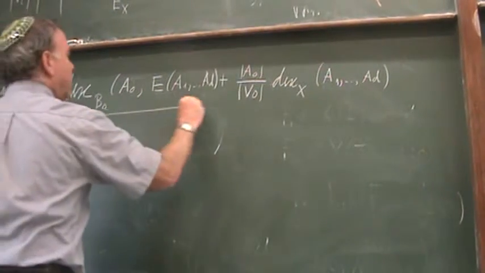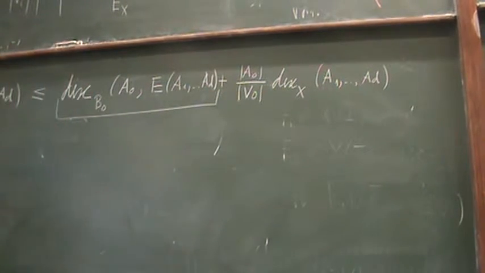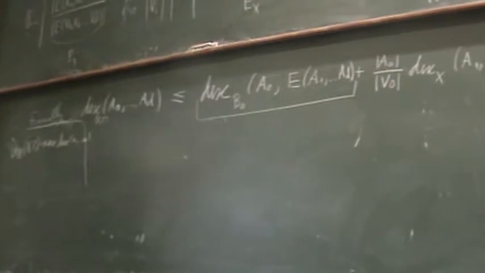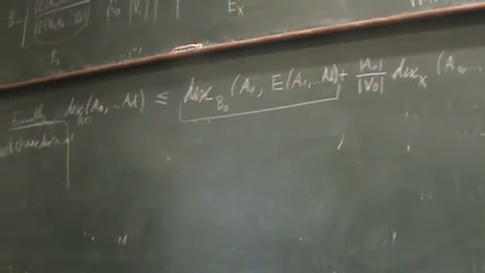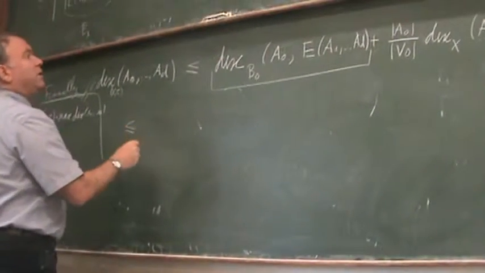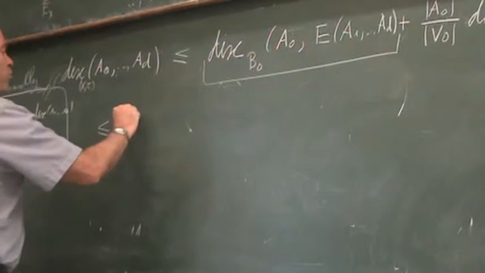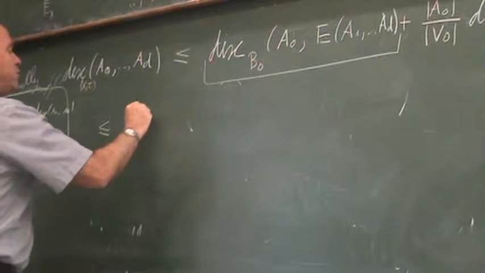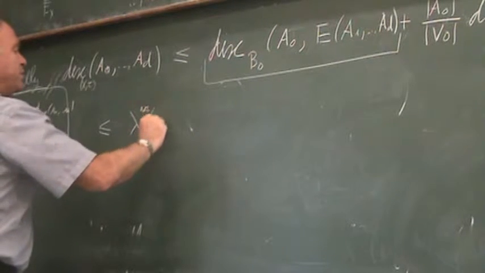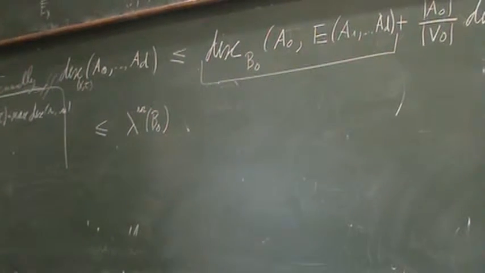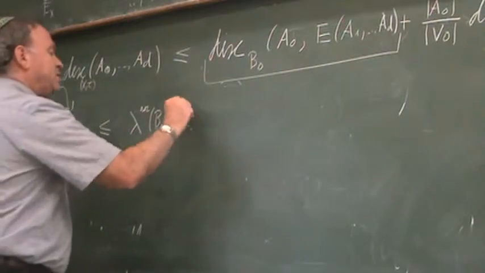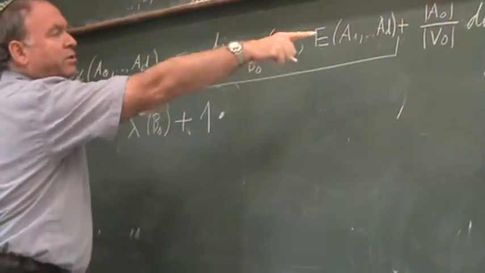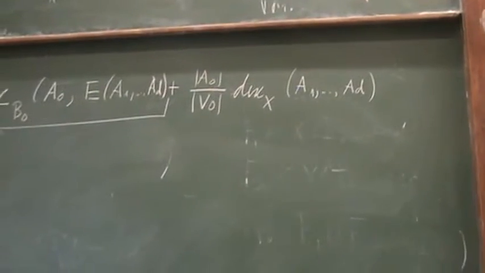Now, this is at most the discrepancy of B0. But the discrepancy of B0 is at most this lambda normalized. So this is at most the lambda normalized of B0, plus 1 times the discrepancy of this.